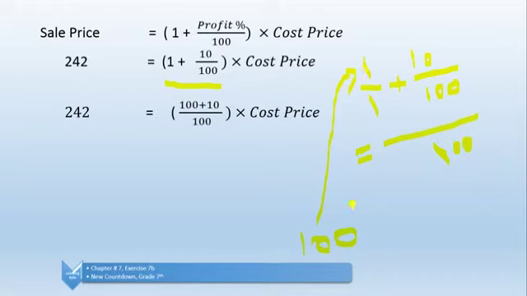So 1 times 100 equals 100, and after dividing this 100 over this 100, 1 times 100 equals 100.